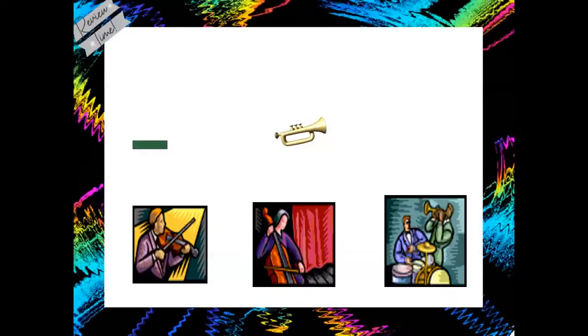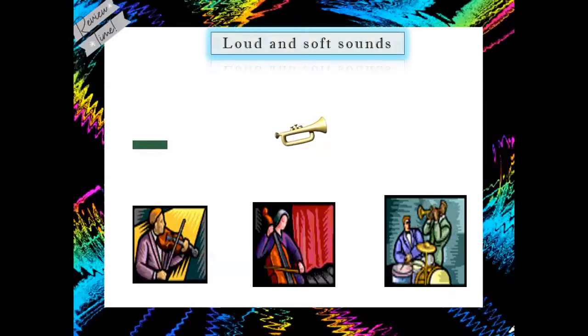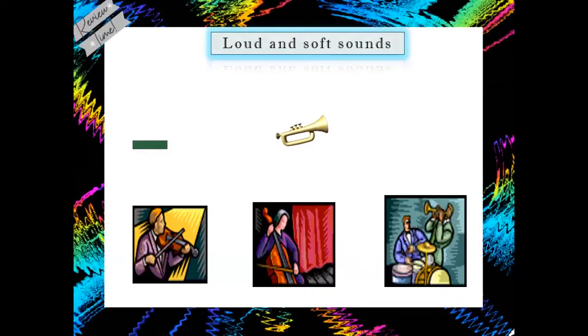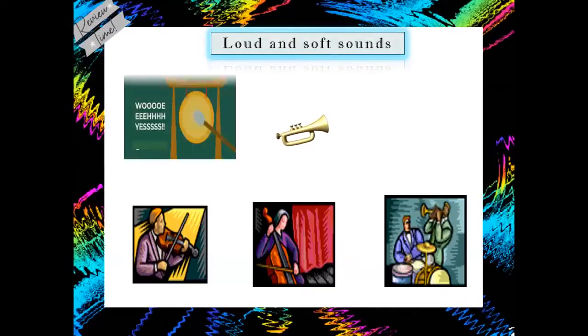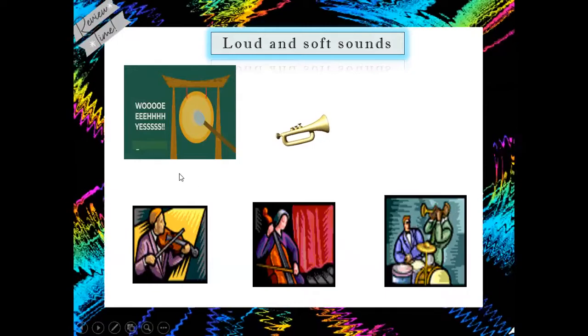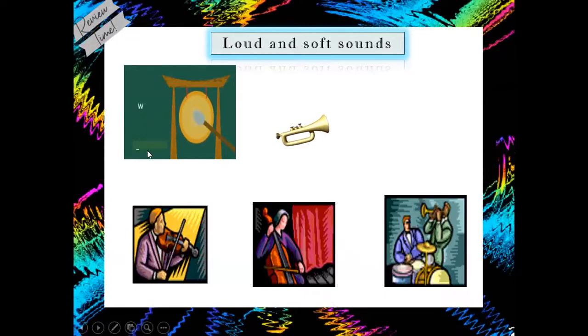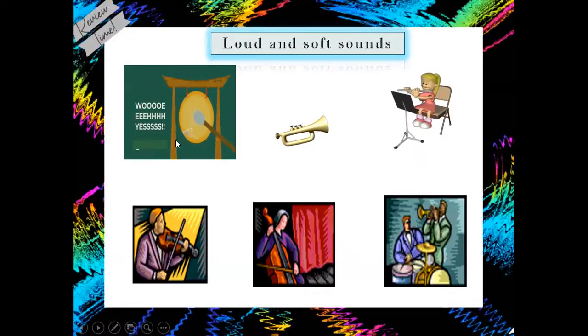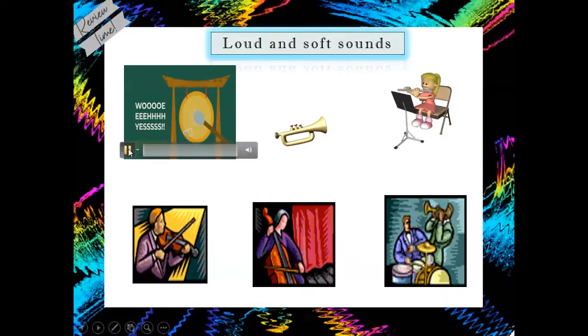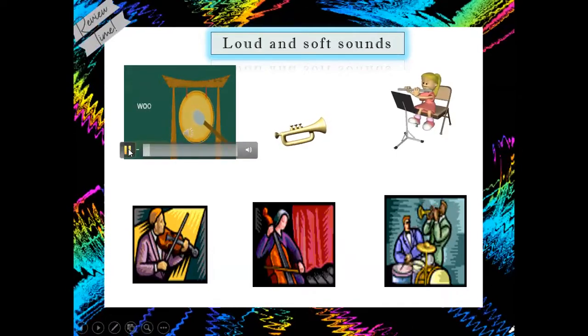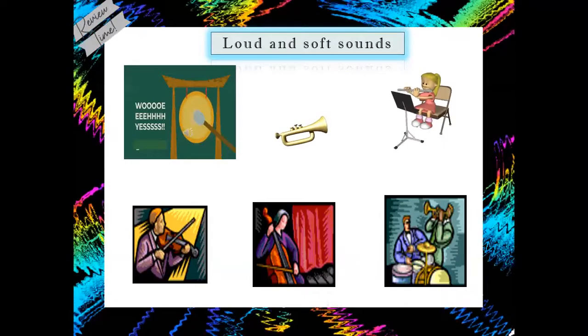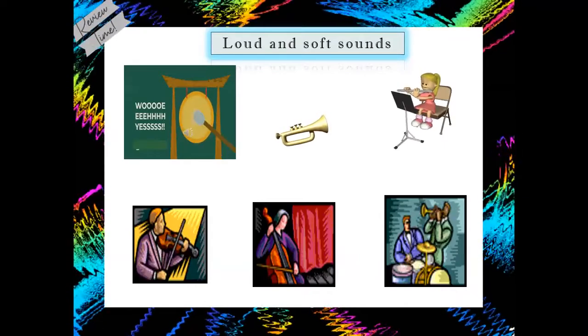Now, students, here come the loud and soft sounds. Different kinds of vibrations make different kinds of sounds. Especially if you are talking about the gong. If we press it softly, gently, we hear a softer sound.